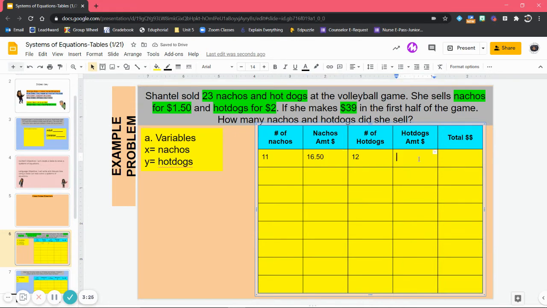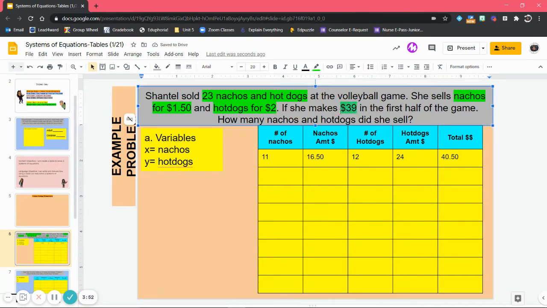Now I would do the same thing with my hot dogs: 12 hot dogs times $2, and that's $24. If I add $16.50 and my 24 together, that gives me $40.50. Well, it looks like I'm over my limit because she only made 39. So I know that this is not the amount.